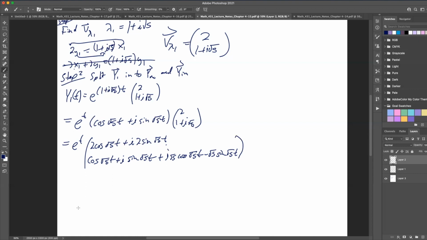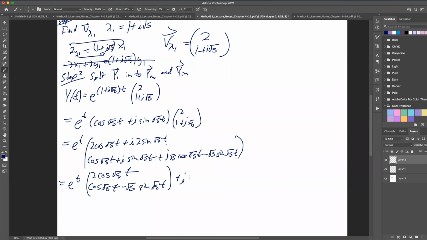That's some big mess. All right, now I need to split it. The split is not really all that hard. Just take the real parts. So here the real part up top is 2 cosine of square root 5t. The bottom part will be cosine of square root 5t minus square root 5 sine of square root 5t.